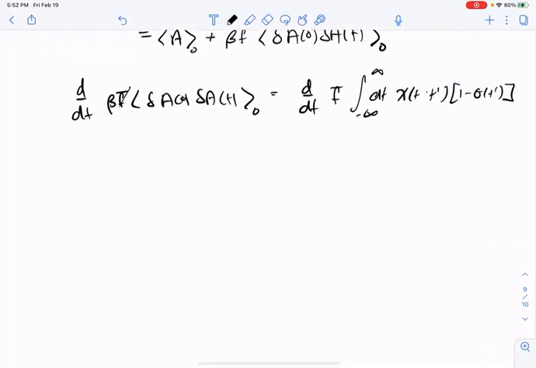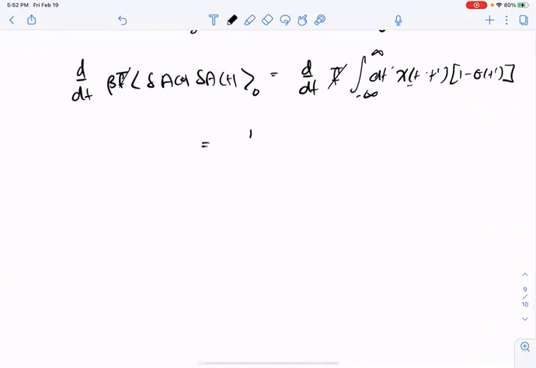The f bars cancel. This is the derivative with respect to t, which acts only on chi, bringing that inside the integral over t prime. I get the derivative of chi of t minus t prime times 1 minus theta of t prime.